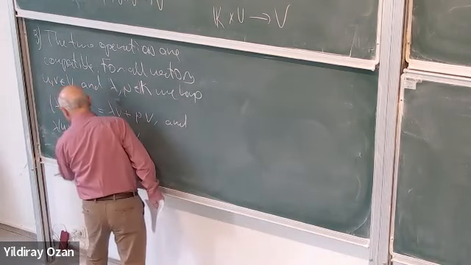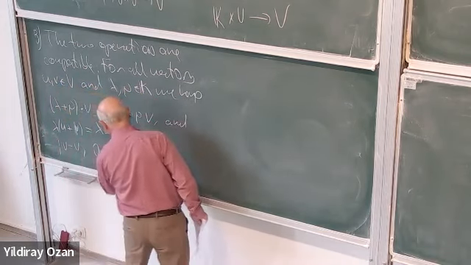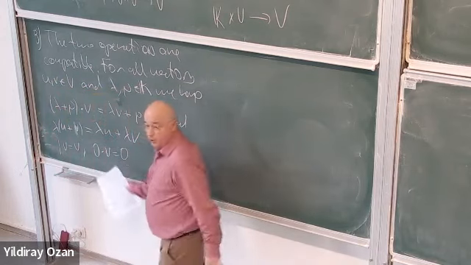1 times v is always v, and 0 times v is always 0. These two zeros are different.